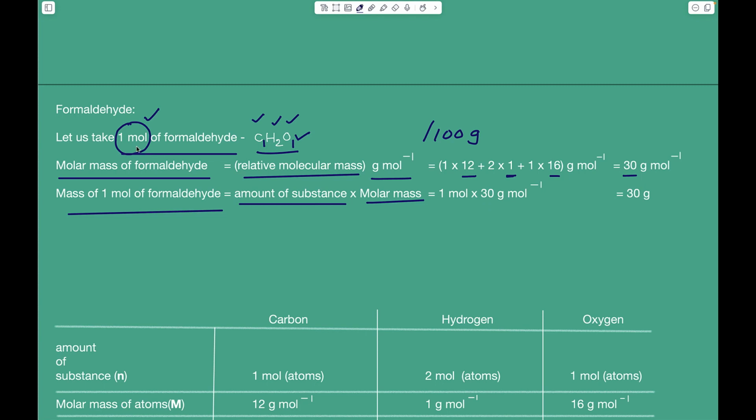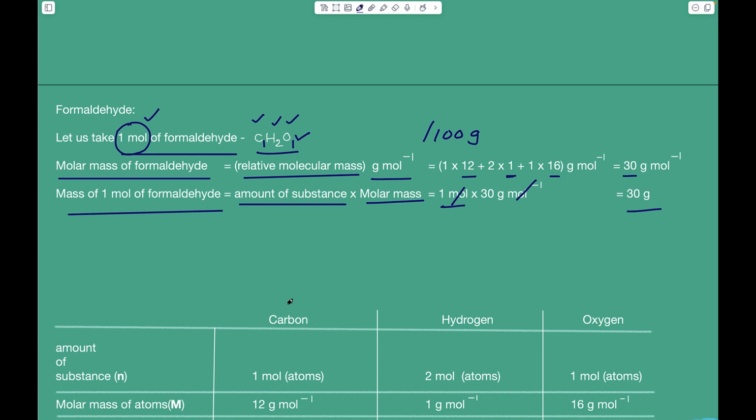What is the amount of substance that we started with? 1 mole of formaldehyde. So 1 mole multiplied with the molar mass of formaldehyde, 30 grams per mole. These two units get cancelled and you will be left with 30 grams. That is the mass of 1 mole of formaldehyde.